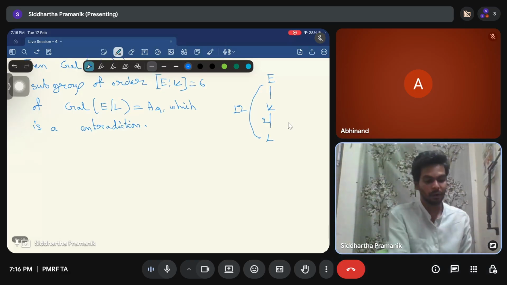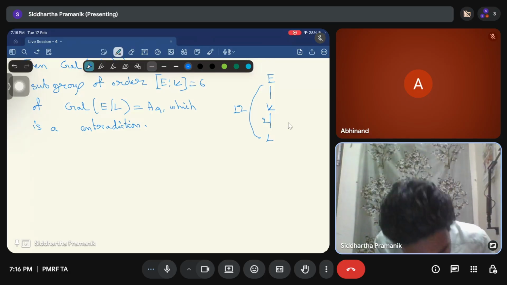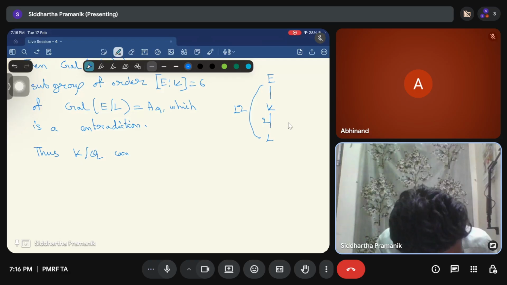Thus, there cannot be any intermediate field of K over Q. Thus, K over Q cannot have any proper intermediate field.